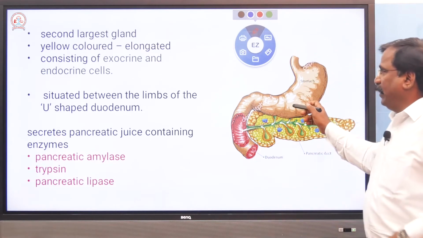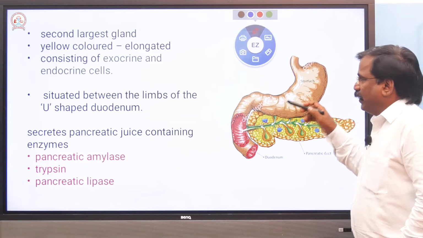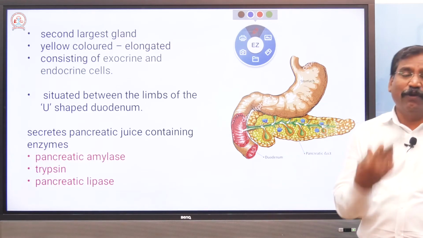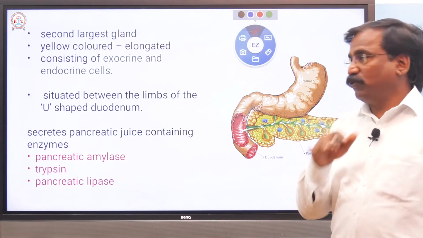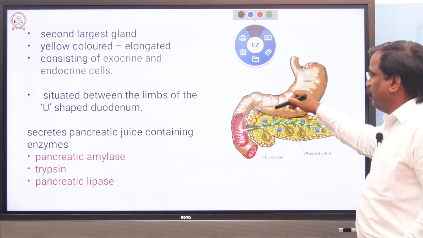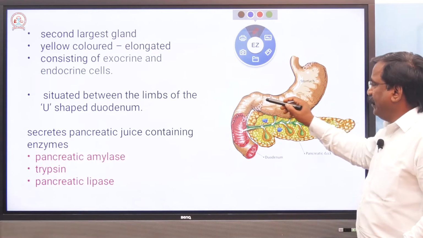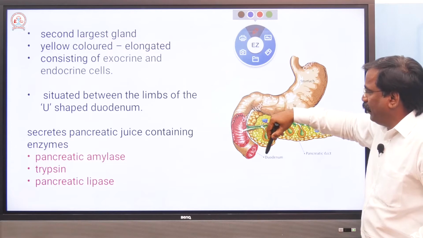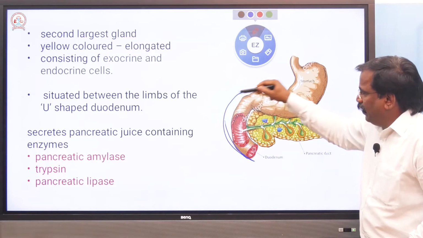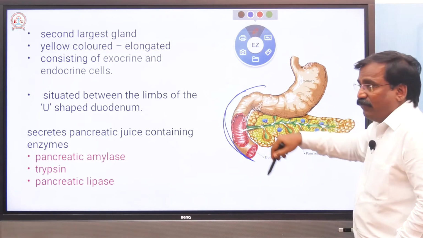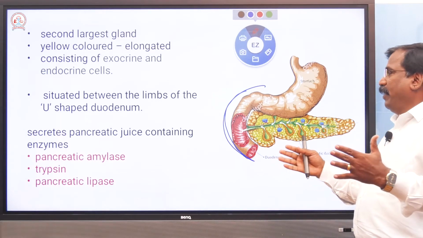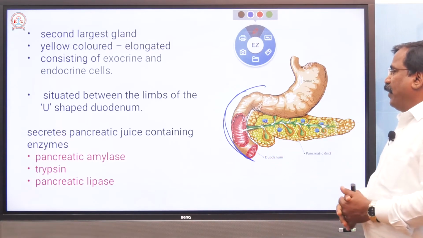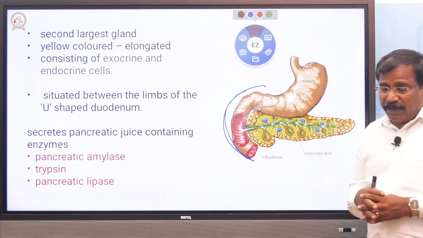So it is yellowish, leaf-shaped, second largest, below the stomach, and in between the U-shaped duodenum, in between the two arms. It is located there.